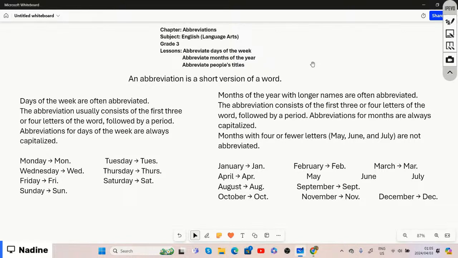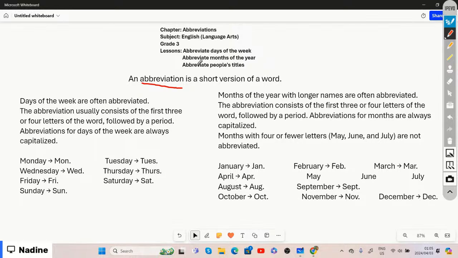All right. So when it comes to abbreviations, an abbreviation is a short version of a word. So you'll have a specific word, but then an abbreviation is like a shorter version of that specific word. It's like you're shortening that word. So that is an abbreviation.